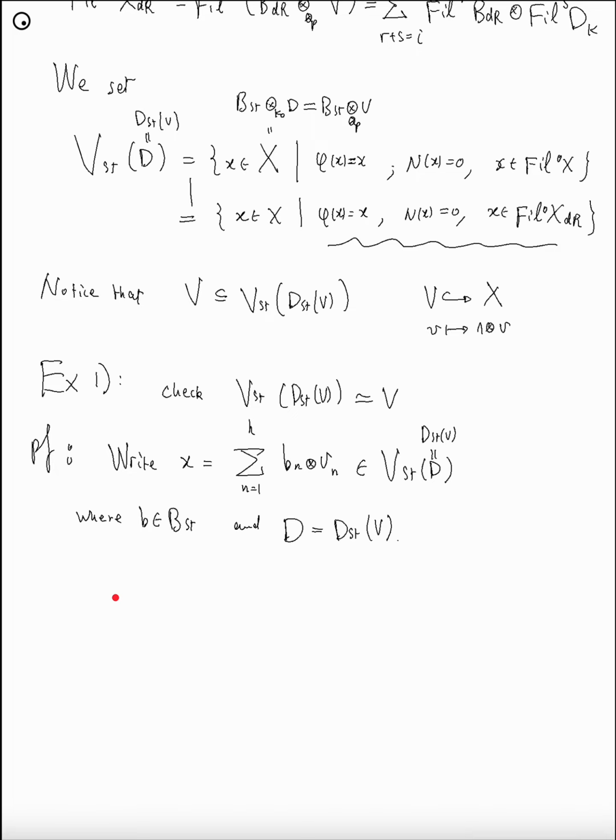Notice that N of x equals, by definition, the sum of N of b_n tensor v_n, and so this is 0.